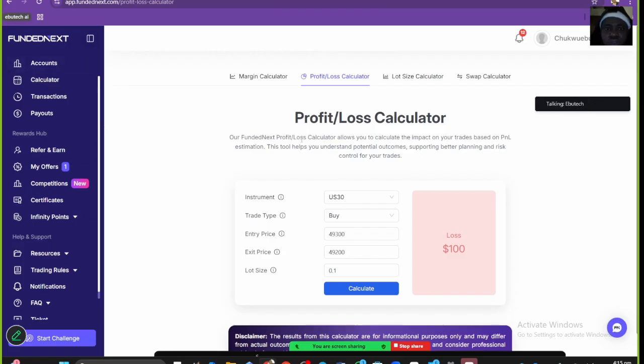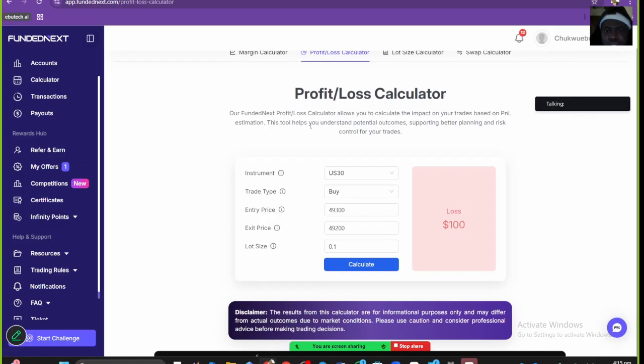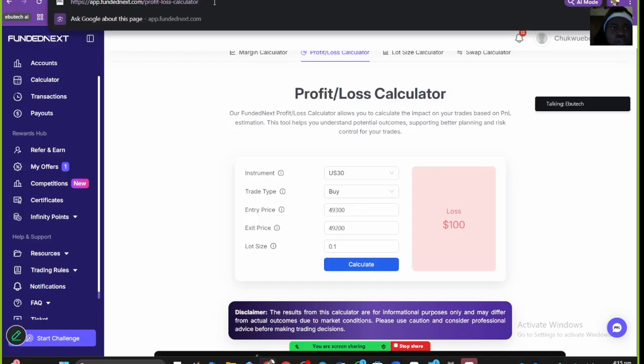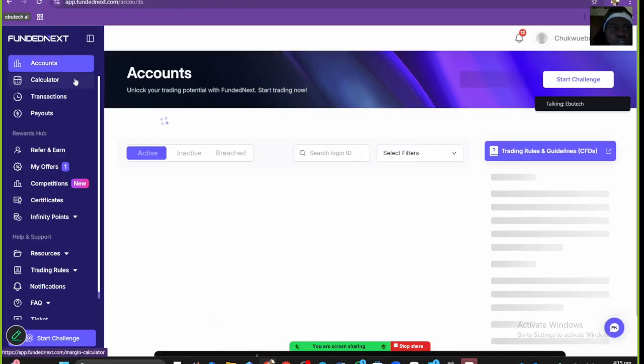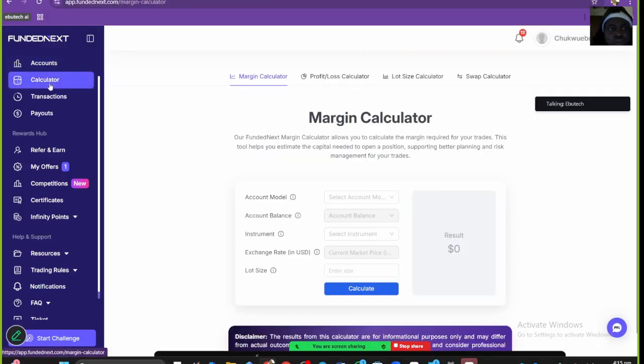Right? So now if you want to calculate your loss or your profits, you come here. Once you open your fundedness account, you come here, you click on calculator.